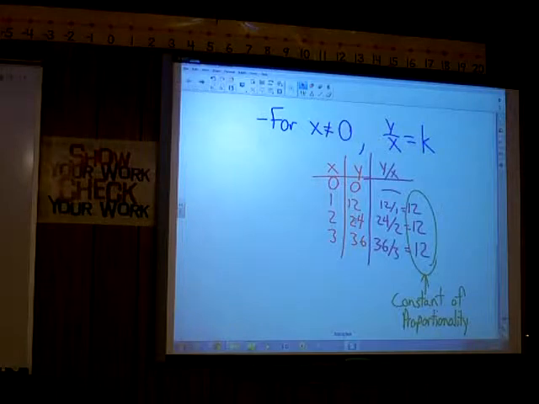Or write an equation for this, you can easily find what that k is supposed to be. And then the equation will always just be y equals kx. Does this make sense? Pretty clear?